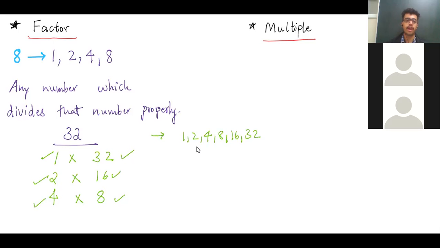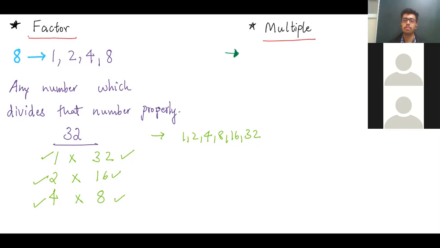Now you know what factors are. Now tell me, what are multiples? Multiple is quite easy actually. If you multiply any number with any other number, then you can call that number a multiple of that number.